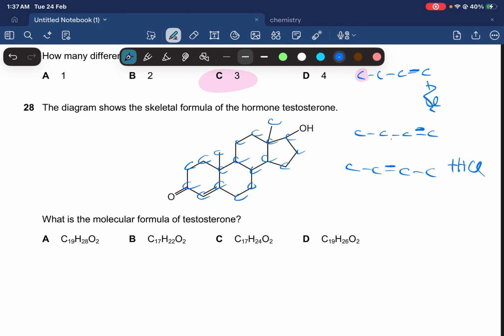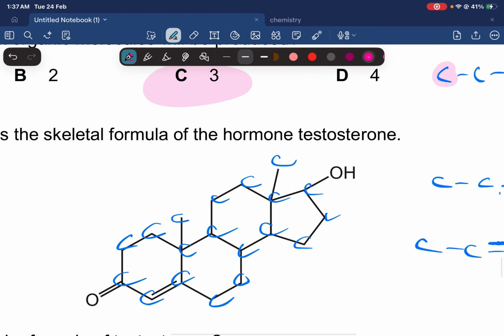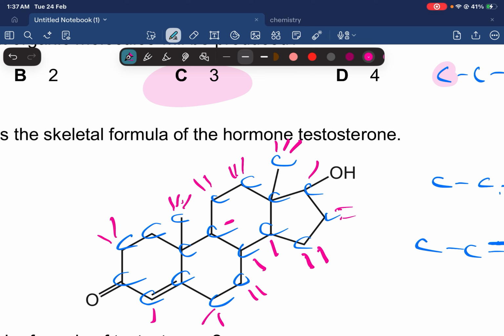Now we gotta add the hydrogens, right? Counting the hydrogens on each carbon.